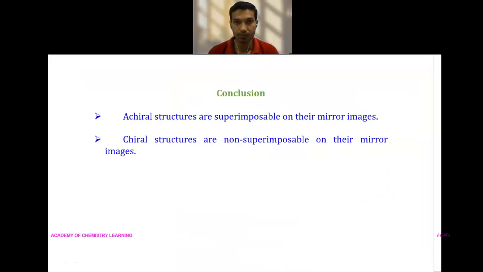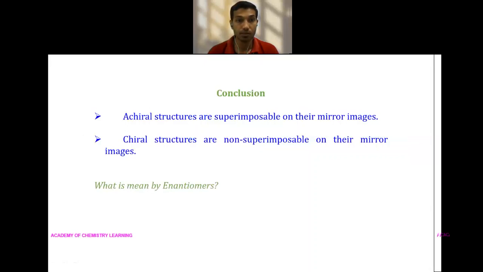So from all this we can conclude that a structure which is achiral is superimposable on its mirror image, means they fit or exactly match with each other because they possess a plane of symmetry. And chiral structures are non-superimposable on their mirror images, and they have no plane of symmetry.